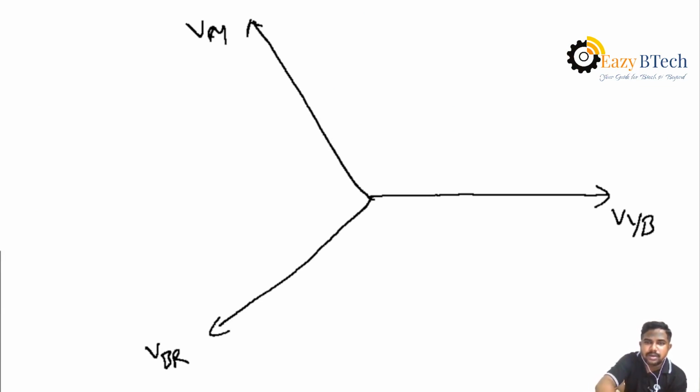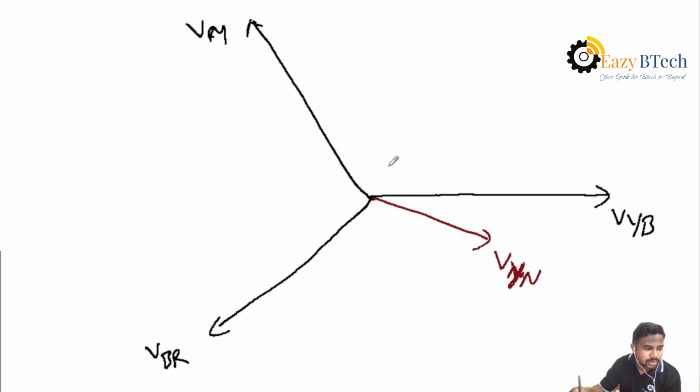Okay? Then for 30 degrees you can draw VYN, and also with the same 30 degrees we can draw VNB.